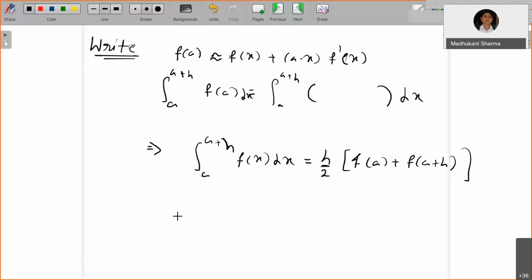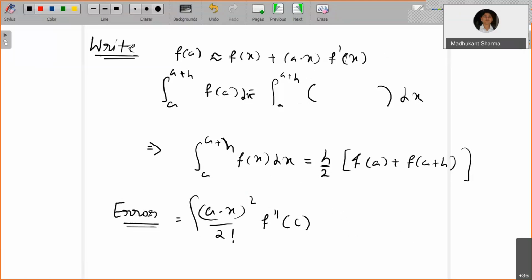Okay, and you can show the error term. If you look at the Taylor series, what will be the error term here? The second order derivative. So the error term will be a minus x whole square by 2 factorial times f second derivative at some c, where c lies between a and x. So for the error term you are going to integrate a to a plus h with respect to dx.